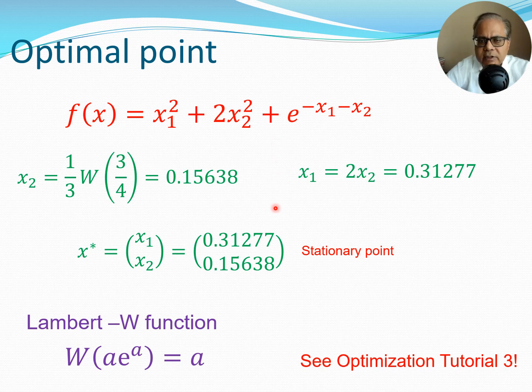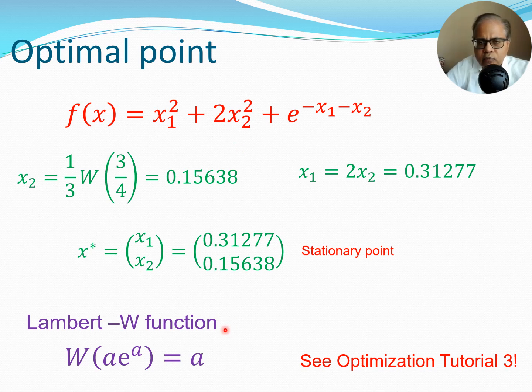So what happens is that the exact solution comes in terms of the Lambert W function. So using the Lambert W function, we can get the solution as x1 is 0.31277 and x2 is 0.15638. x2 is 1/3 W(3/4), where W is the Lambert W function. So I can write x star as a vector given here. So you can see that this is the minimum point of this function here. So we know this exact solution.